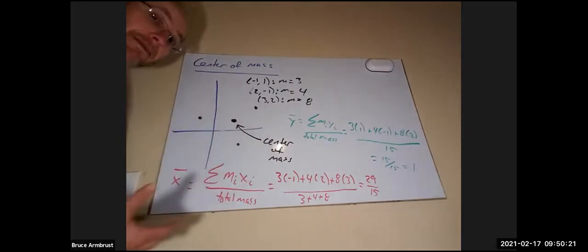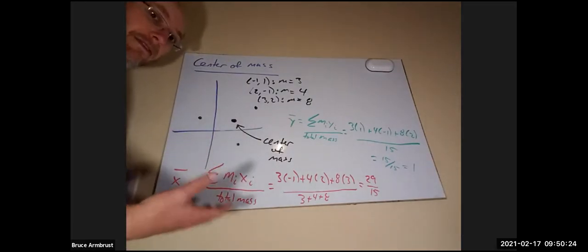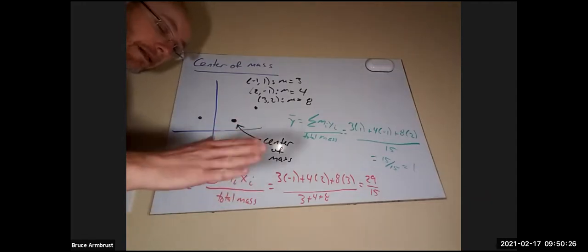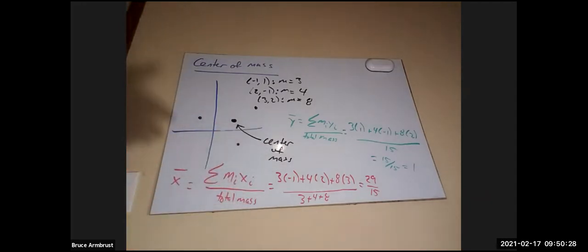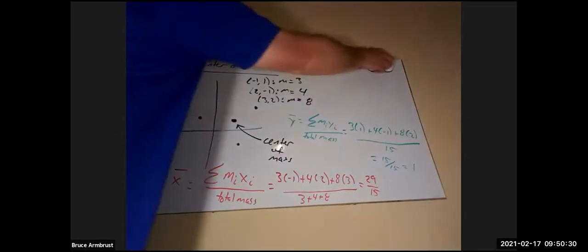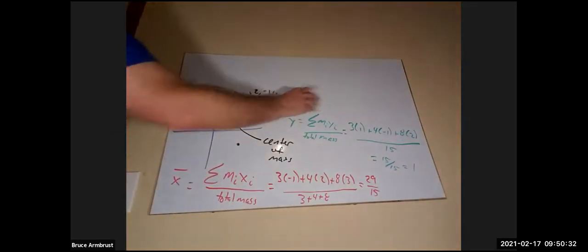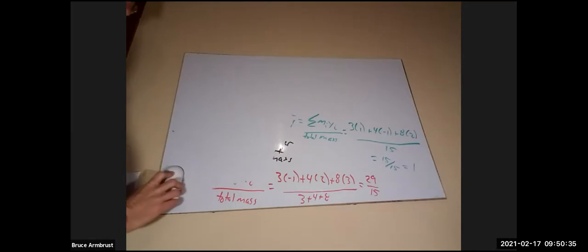It's this big extended object, and we still need to know where its center of mass is so that we can send it in the right direction and blah, blah, blah. All right, so let's extend this to an object that's a little bit more complicated. But realize that what we're going to do is the same thing every time.